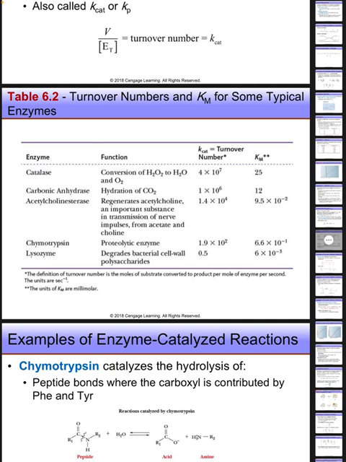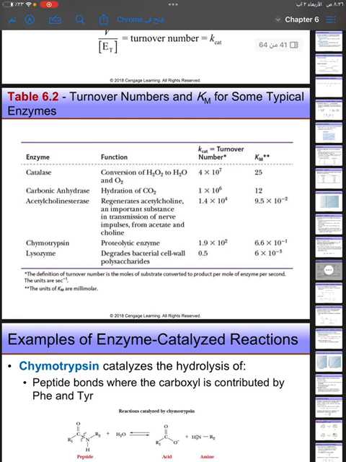So these are some of the enzymes that you will face in the near future. One is carbonic anhydrase, which we talked about, and catalase, which we also talked about, which converts H2O2 to water and oxygen. Carbonic anhydrase is responsible for converting carbon dioxide and water to carbonic acid. And these are the turnover numbers of these enzymes. And the Km is the expression of the affinity of the enzymes.